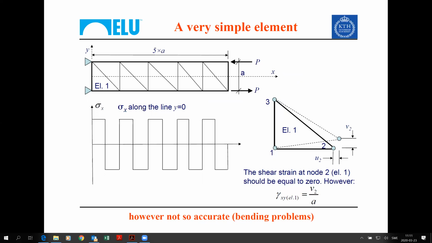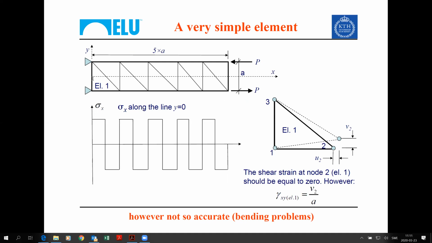It has some problems in what is called a bending dominated situation, which is pretty much what we have here in the figure. A test problem: the height of the cantilever is A, the length is 5 times A, and we have a moment applied here, a force couple applied at the free end.